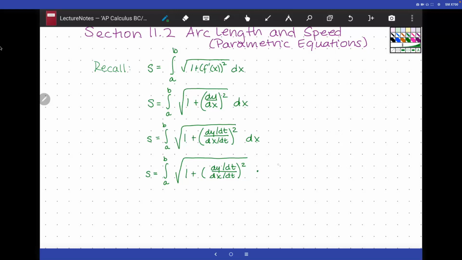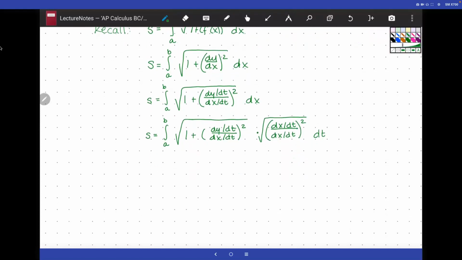And that form of 1 is going to look like dx dt over dx dt. And I'm going to square it, and I'm going to put it in a square root. I know, I don't have to do that, but I'm going to eventually, so I'm going to do it now. And then I'm going to take that form of 1, and I'm going to break it up.